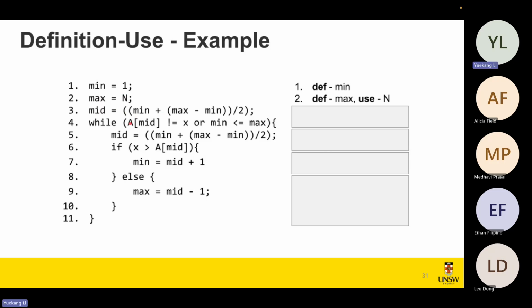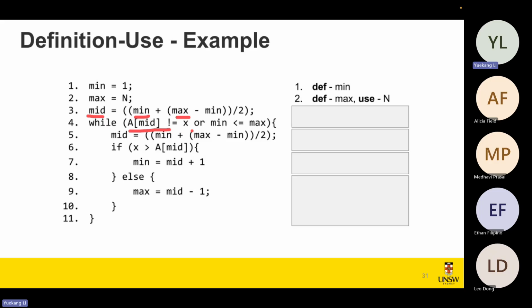And what about the third and fourth lines? Do we have any definitions in these two lines? We have, right? We have a definition for mid, and we have use for min and max, right? And do you think this one is considered as a use for A or a definition of A?